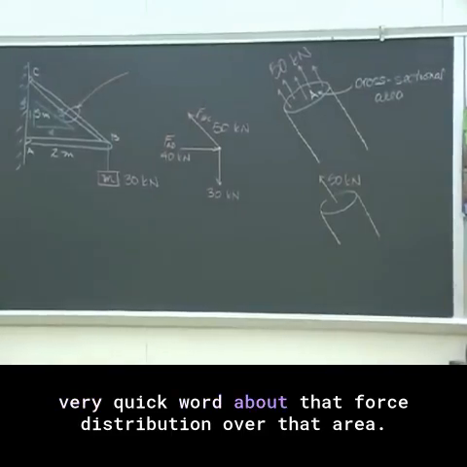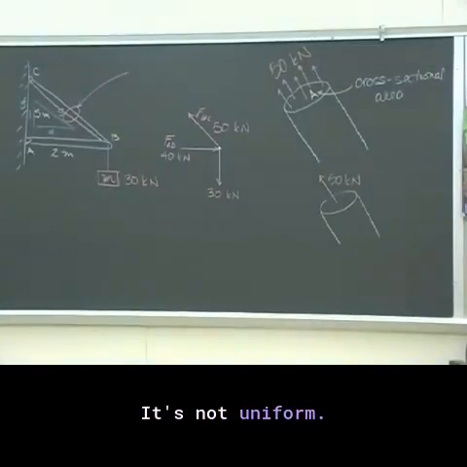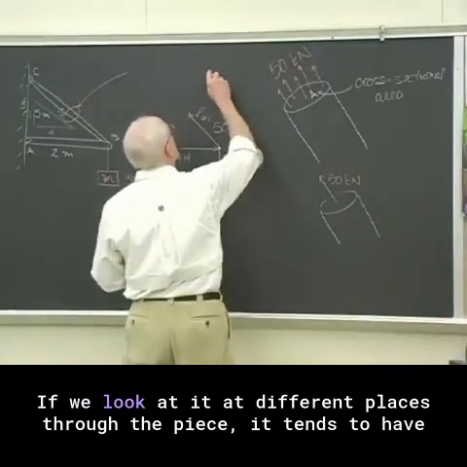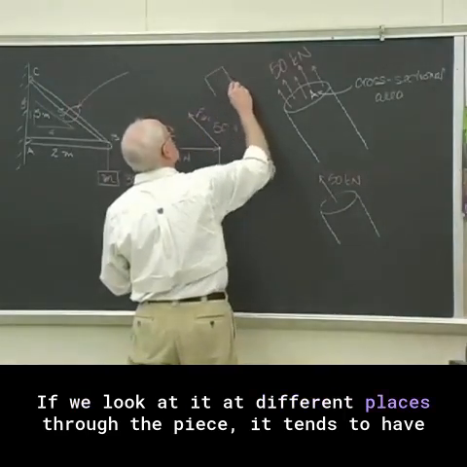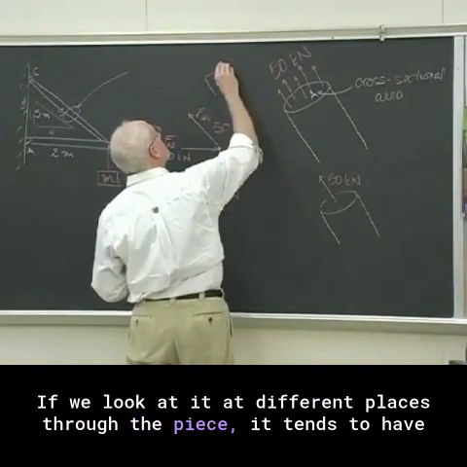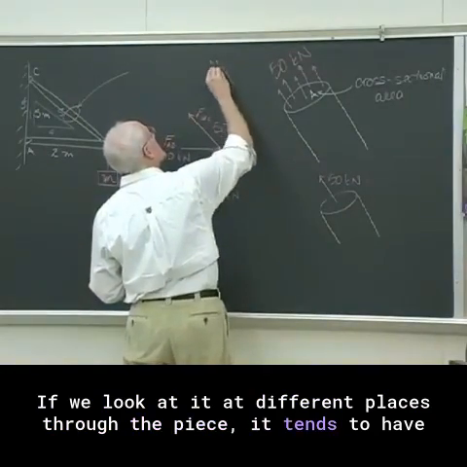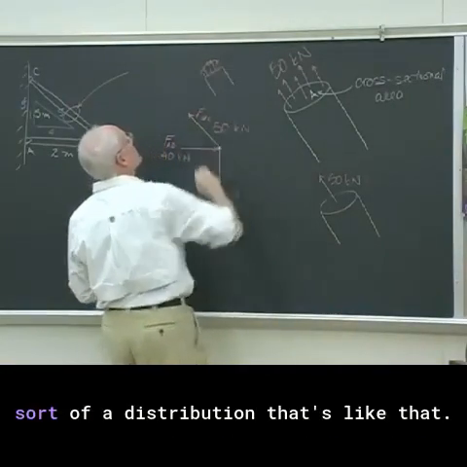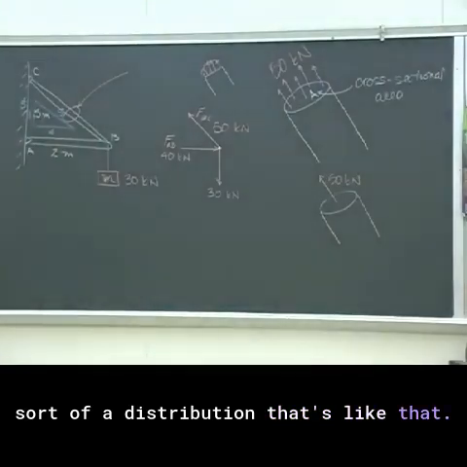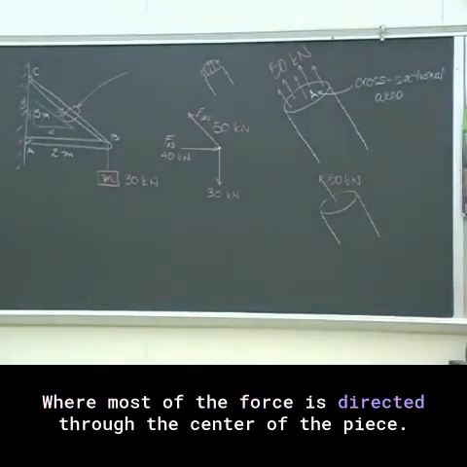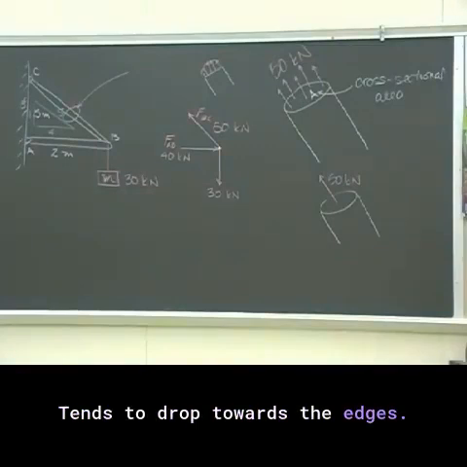A very quick word about that force distribution over that area. It's not uniform. If we look at it at different places through the piece, it tends to have a distribution like that, where most of the force is directed through the center of the piece and tends to drop towards the edges.